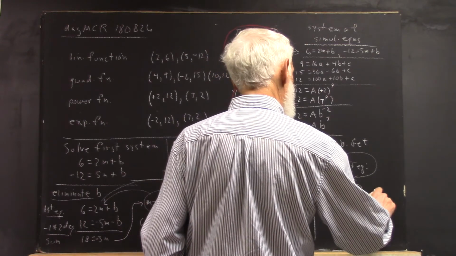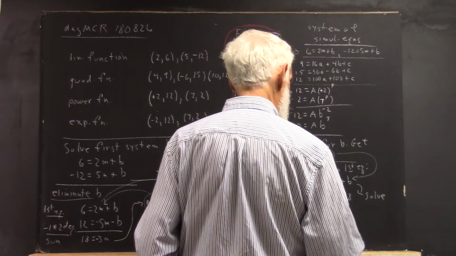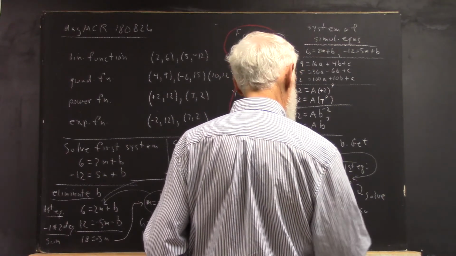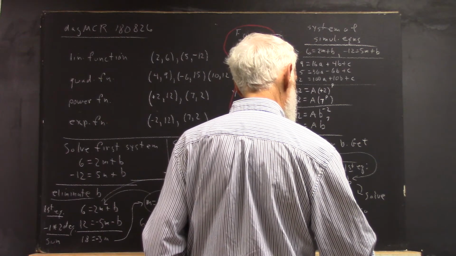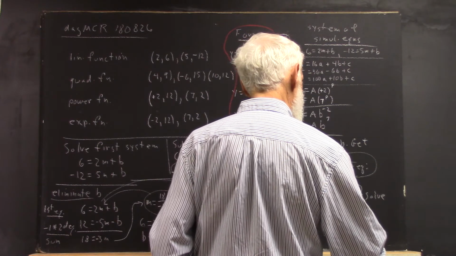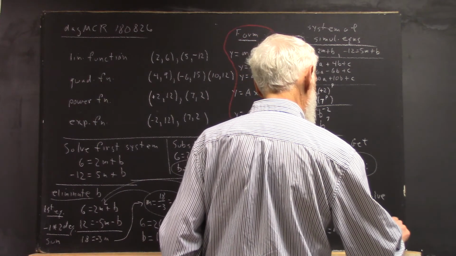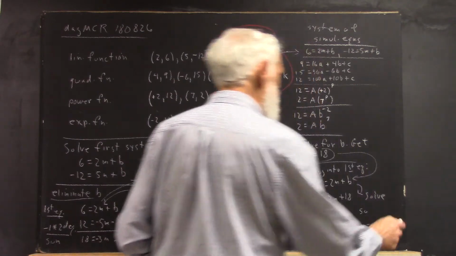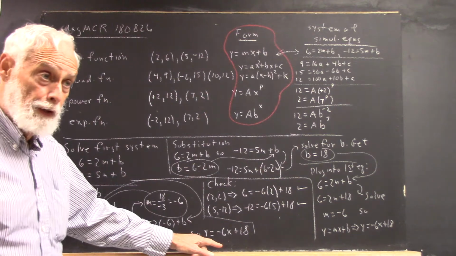We solve, and we get m equals negative 6. And we get our equation, y equals negative 6x plus 18. Same equation we got here. It checks out in the same way.